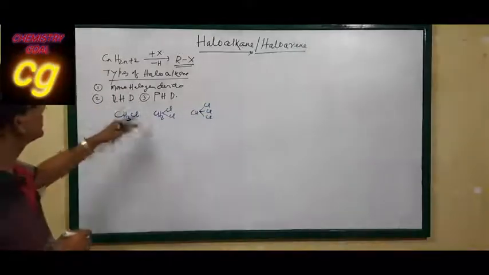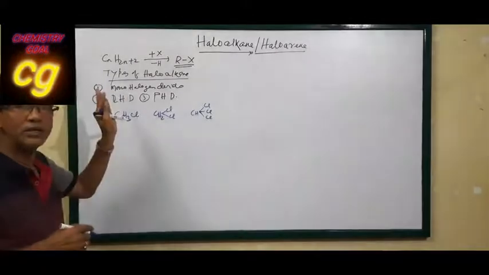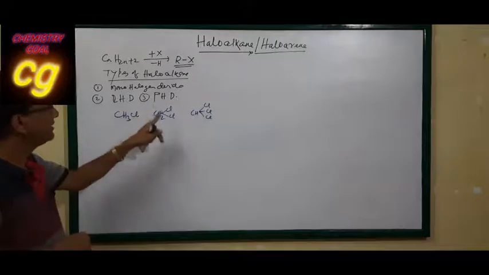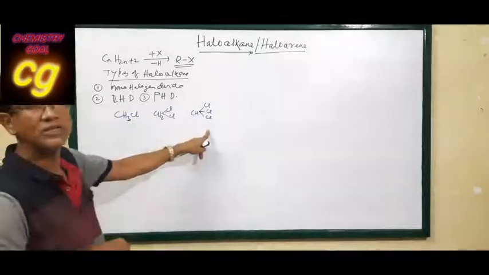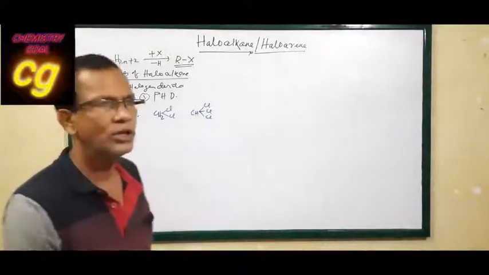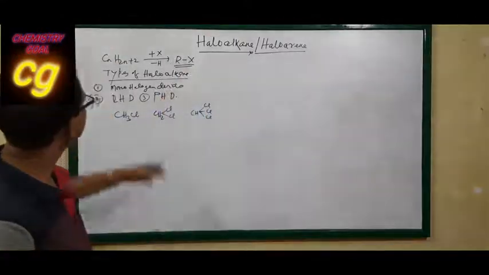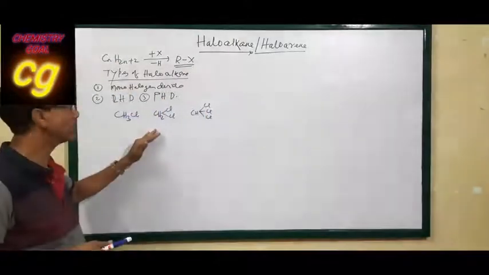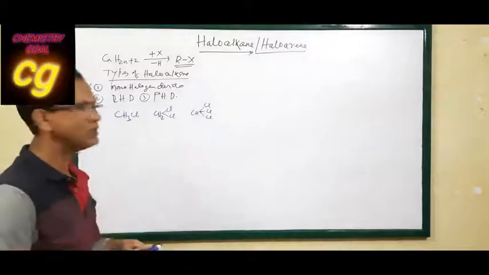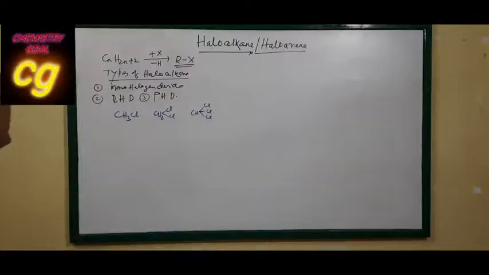These are called halogen derivatives of alkane, maybe monohalogen, dihalogen, trihalogen. So on the basis of the number of halogens replacing hydrogens, it is called monohalogen, dihalogen, or polyhalogen derivative. This type of classification is also important.